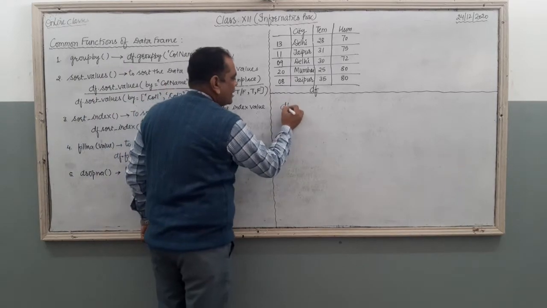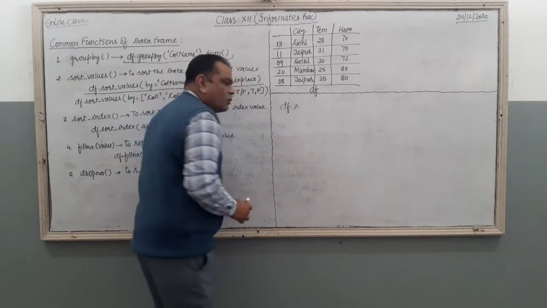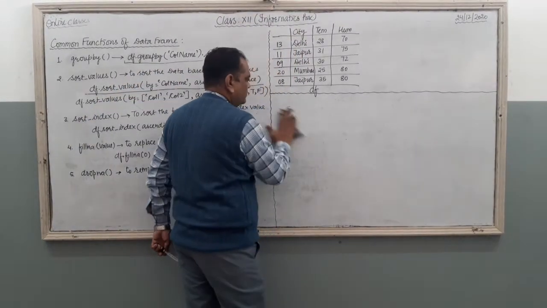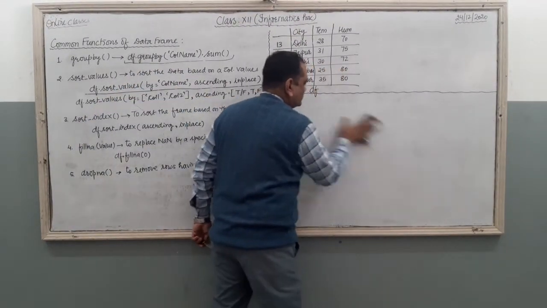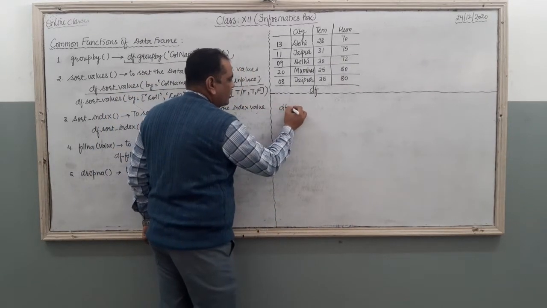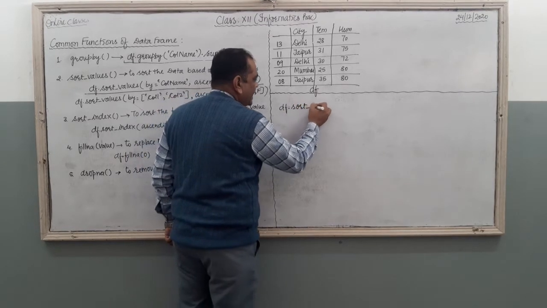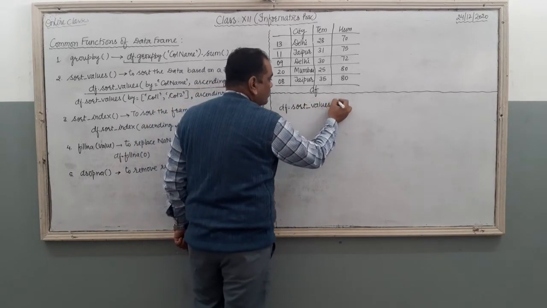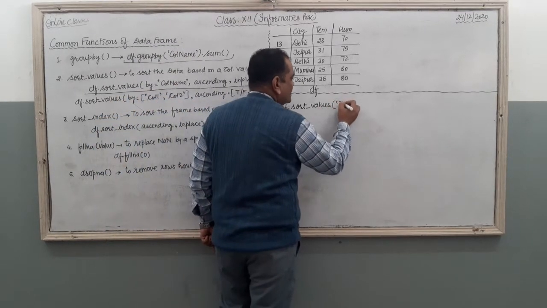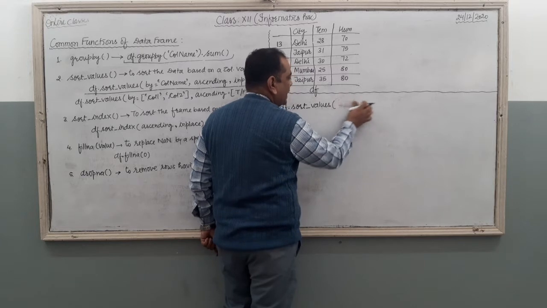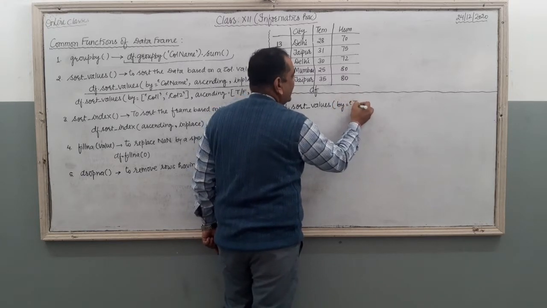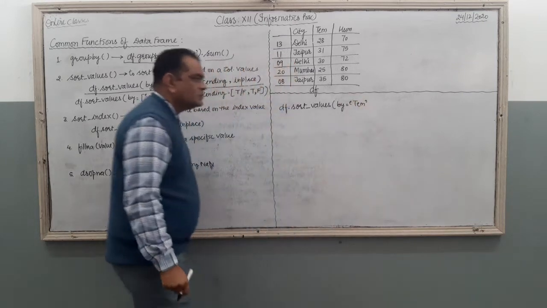Suppose on this data frame I use df.sort_values, and I am going to conduct sorting on this temperature column, so I put temp by using the by symbol, by equal to temperature, right?